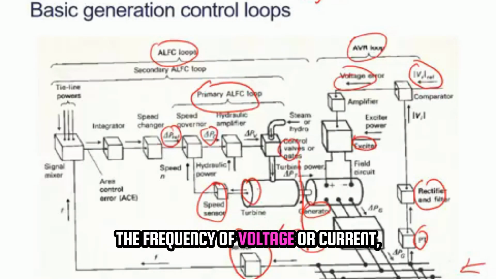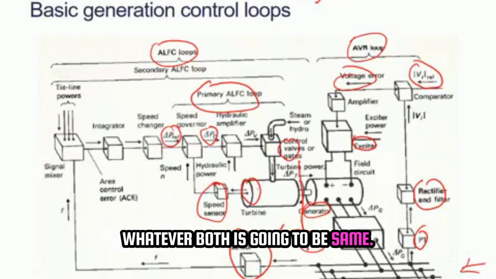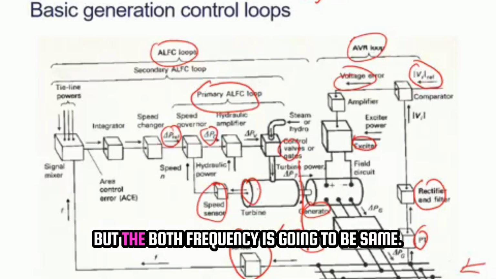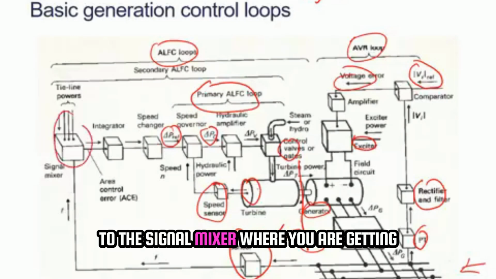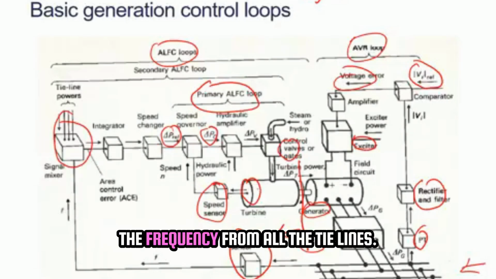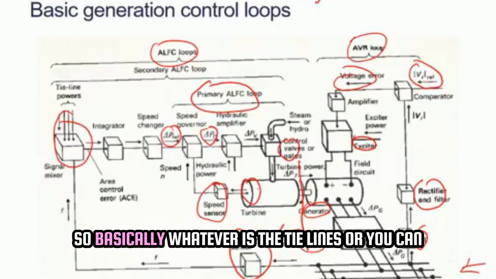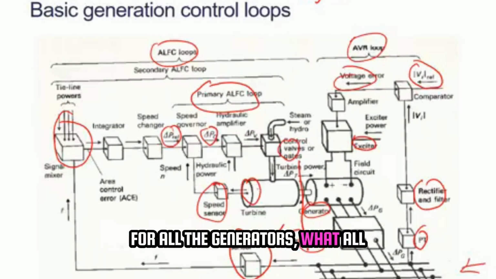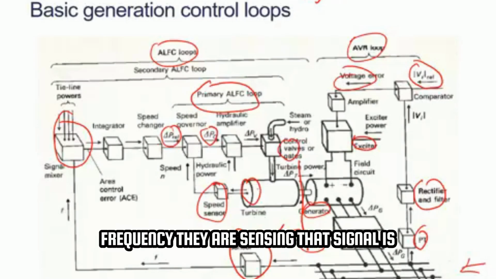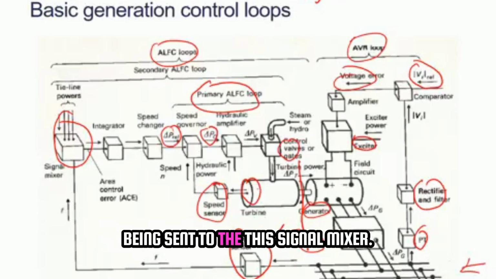The frequency of voltage or current is going to be the same, with just a phase difference. So it sends the signal to the signal mixer, where you get the frequency from all the tie lines, or in simple terms, the other generators. Whatever frequency they are sensing, that signal is sent to the signal mixer, and here we get the area control error.